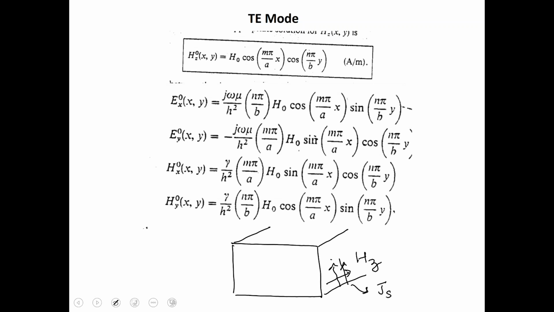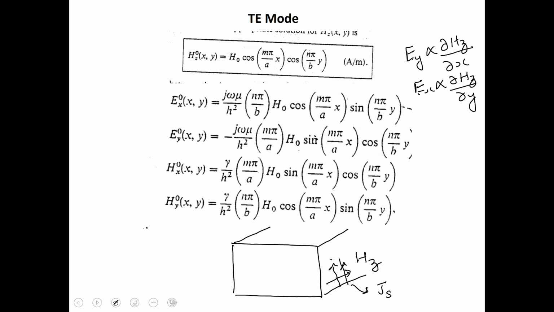So I can't guarantee that the HZ field is going to be zero, but the EY field is going to be proportional to del HZ by del X, and the EX field is going to be proportional to del HZ by del Y. And the EY field and EX field are parallel to at least two of the conductors.